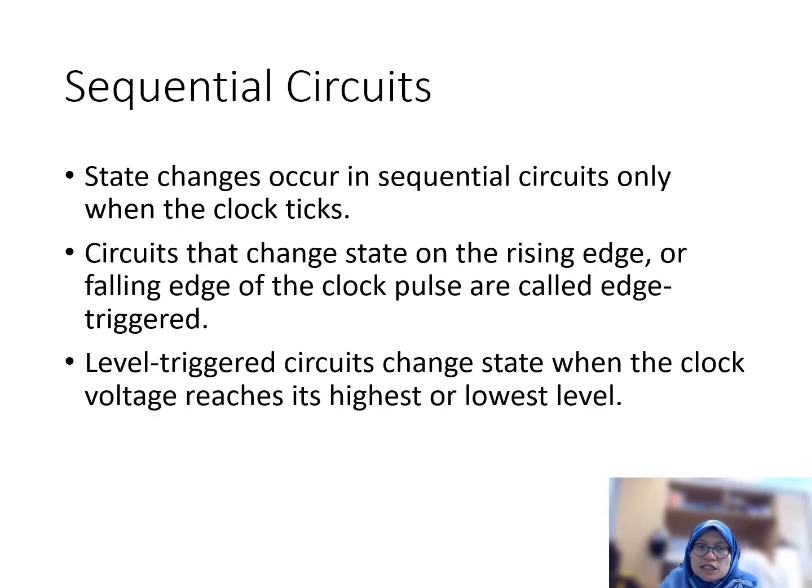State changes occur in sequential circuits only when the clock ticks. Circuits that change state on the rising edge or falling edge of the clock pulse are called edge triggered. Level triggered circuits change state when the clock voltage reaches its highest or lowest level.